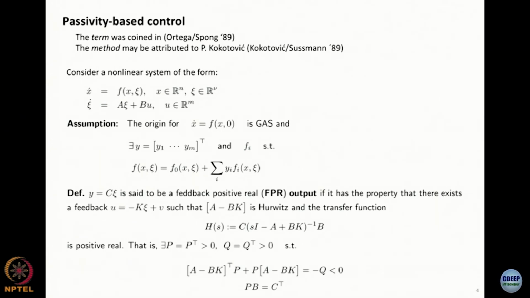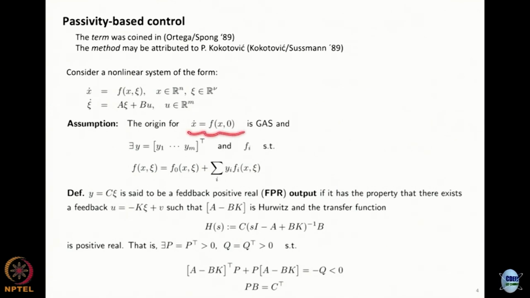First, they say, well, our result will hold for systems for which, when we take psi equal to 0, we know that the origin for the resulting system is GAS, and it's non-minimum phase, and the nonlinearity can be written in this form.